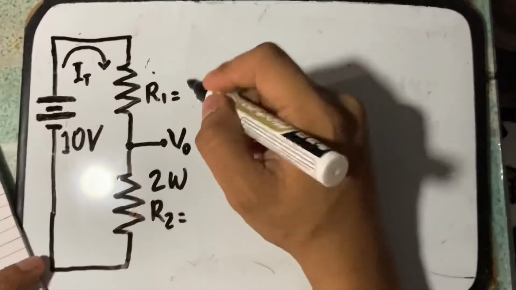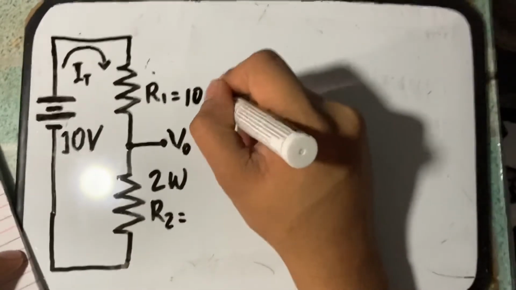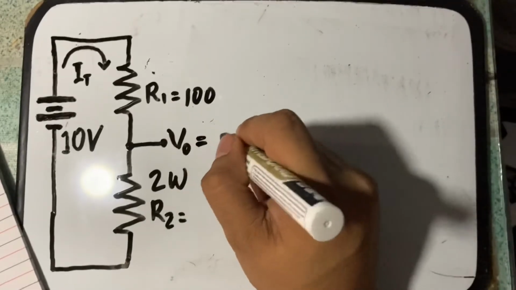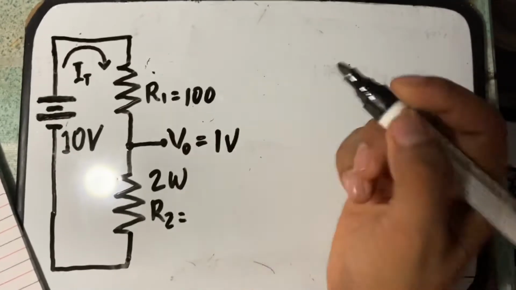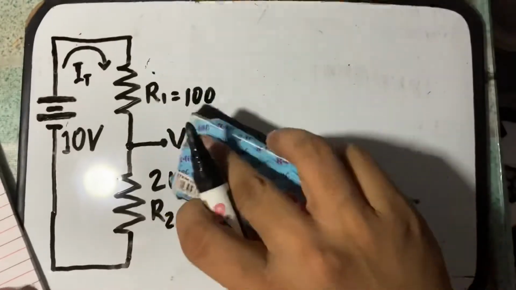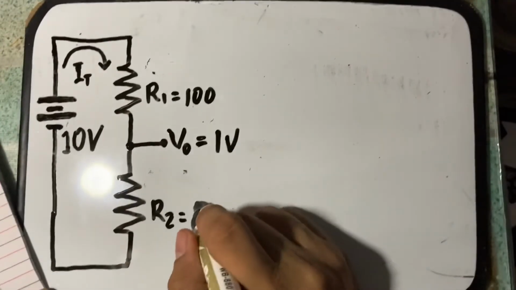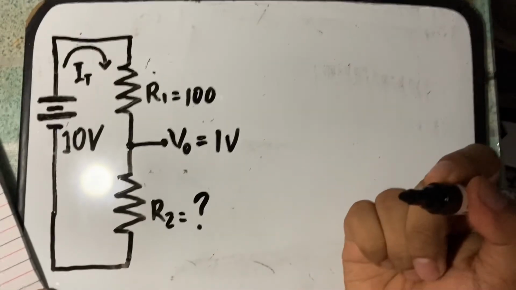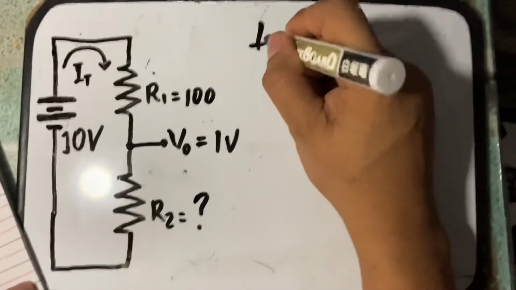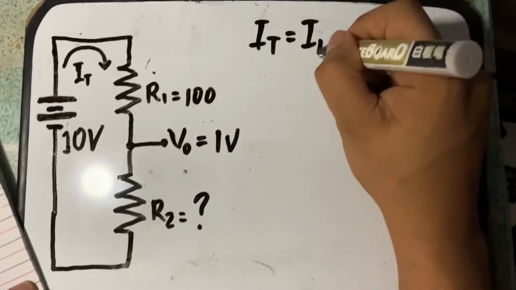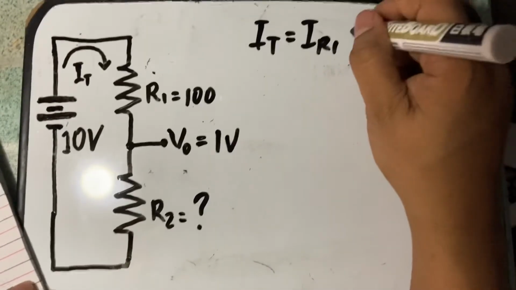So for our next example, ang given natin ay R1 is equal to 100. Tapos ang V out natin, let's say 1 volt. So paano natin i-compute yung value ng R2? So again, sa principle ng series connection, ang current sa lahat ng device is equal.